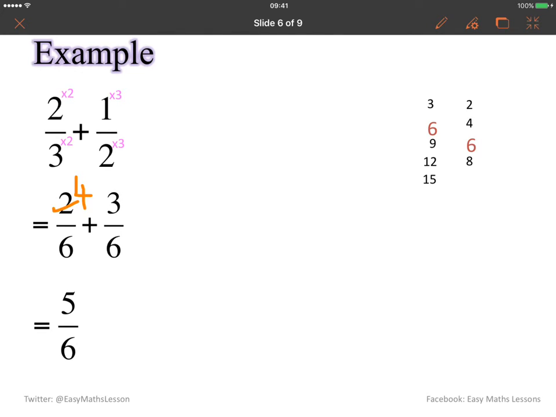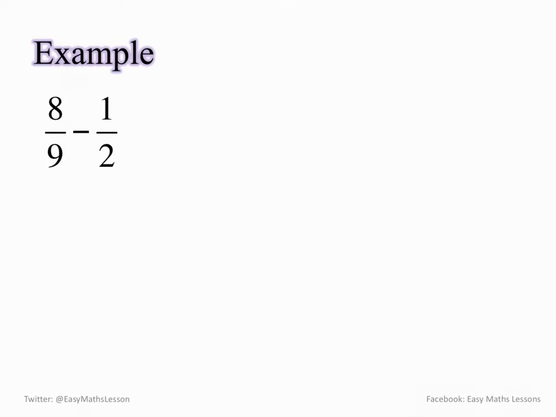And that gives me definitely not 5/6, but 4 plus 3, which is 7/6. And that simplifies to 1 and 1/6. There we go. All right, sorry about that mistake. Anyway, moving on. Next one.